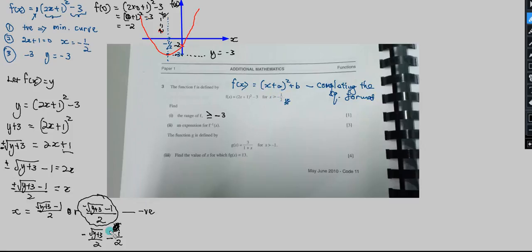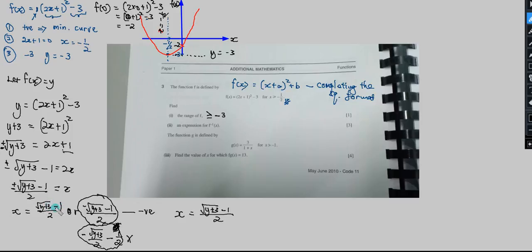So in this case, this whole thing cannot be the solution. So you have to choose this one. So your x is equal to square root of y plus 3, minus 1, over 2. So you have selected the positive one.